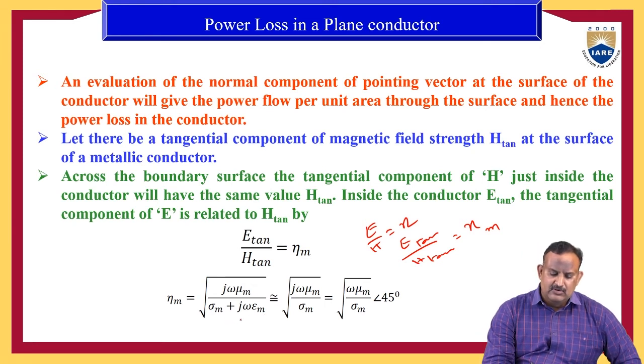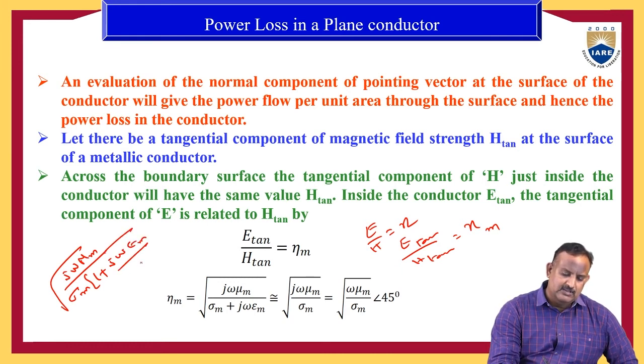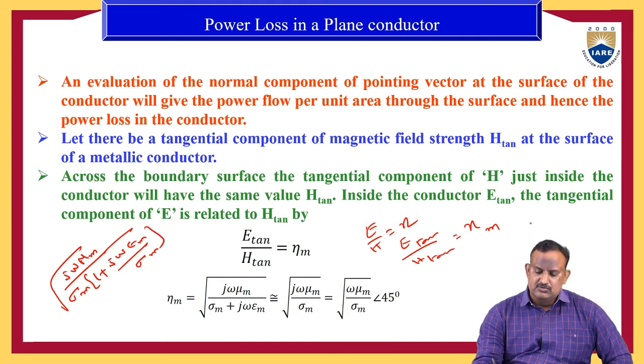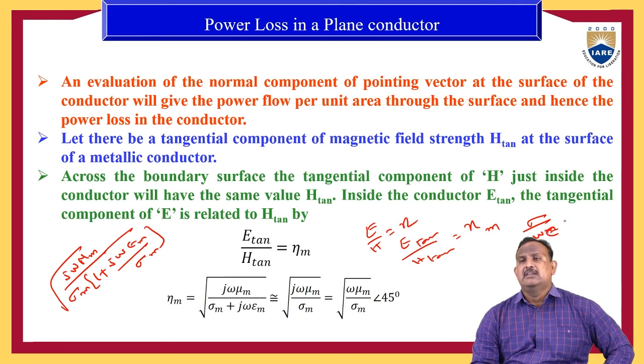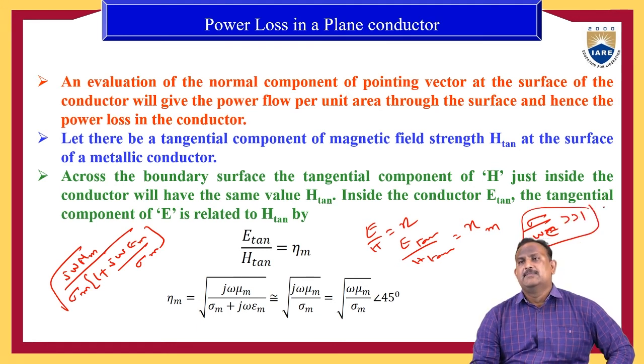If you take a common sigma in the denominator, it is root of j omega mu by sigma into 1 plus j omega epsilon by sigma. For a good conductor, the ratio sigma by omega epsilon is very much greater than 1.